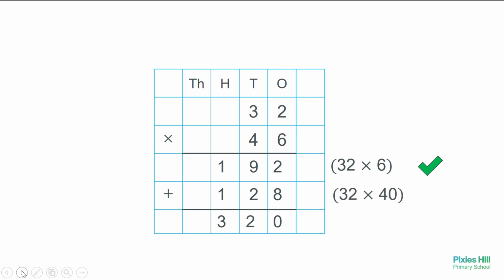Therefore, we need to add a 0 or placeholder in our ones column. Then we can re-add our subtotals correctly. This would give us a final answer of 1,472.